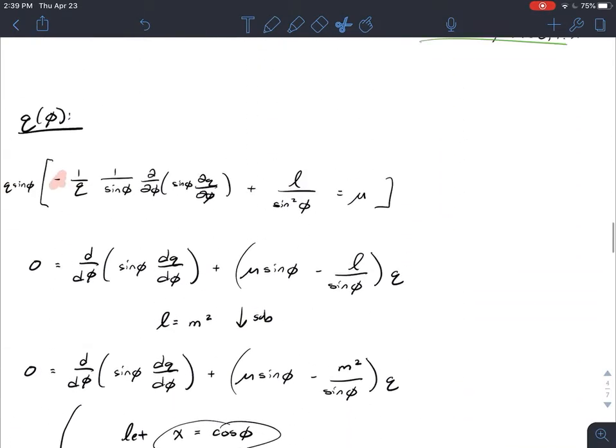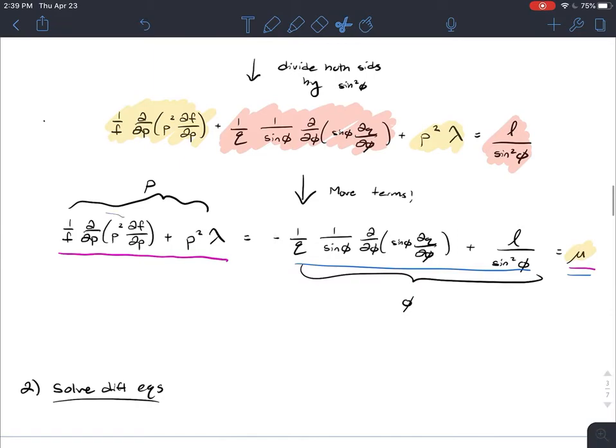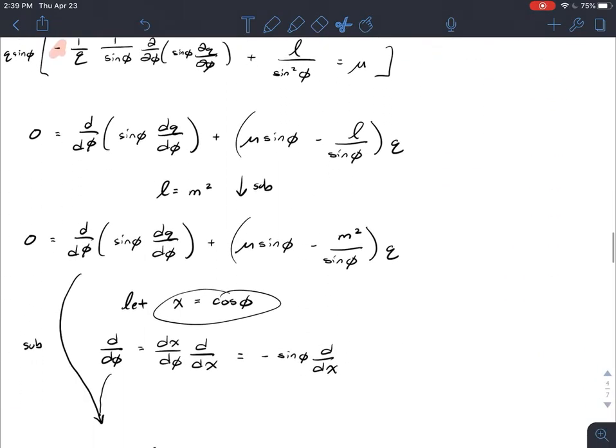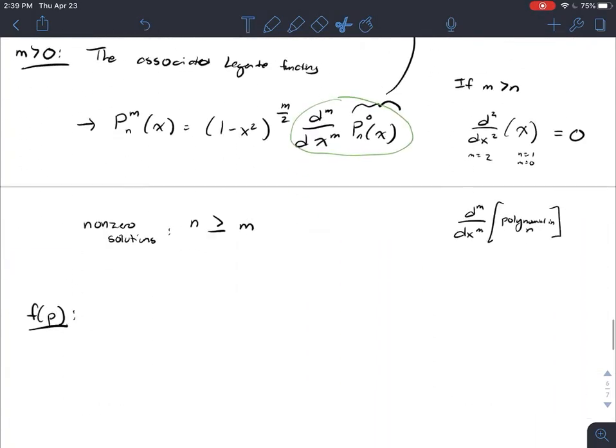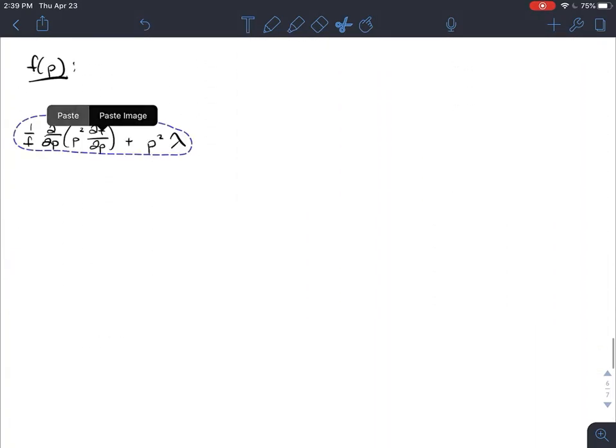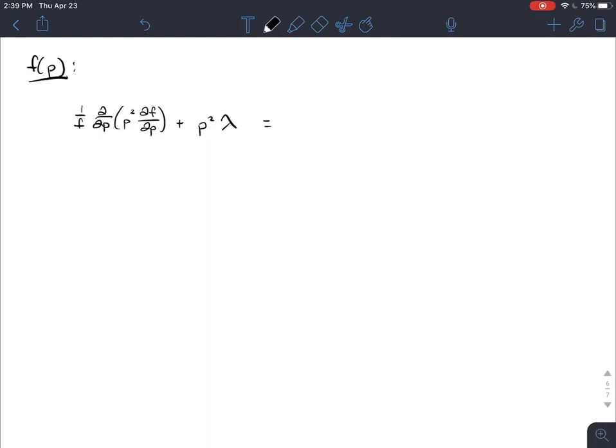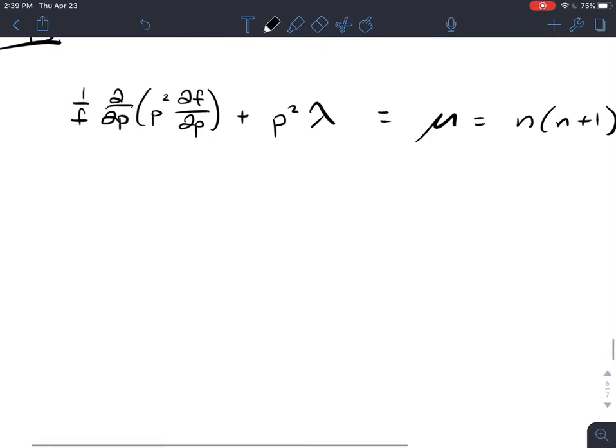I'm going to scroll back up real quick and copy and paste that differential equation down here. And that's all equal to mu, but we know what mu is equal to now. Mu is equal to n times n plus 1. Great. So we're going to move all the terms to the left-hand side.